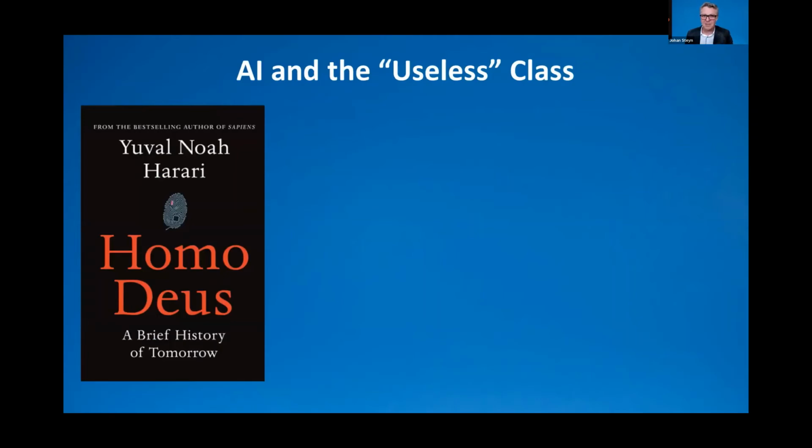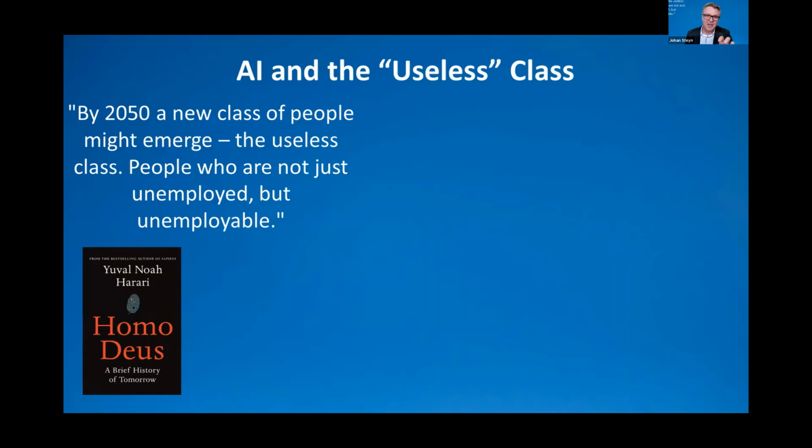All his books are amazing, but in this book, he talks about creating the so-called useless class. And what he says is through genetic re-engineering, through longevity that this technology can give us, through amazing wealth, we will most likely create even a greater divide between the few that have great wealth and that will most likely live much longer than people live now, and the masses of people out there who we can't upskill, which is one of the big differences between the previous three so-called industrial revolutions and this one that we're living in now.